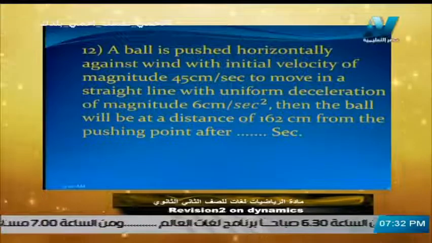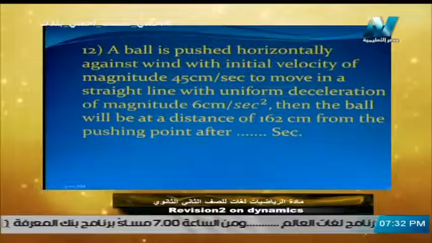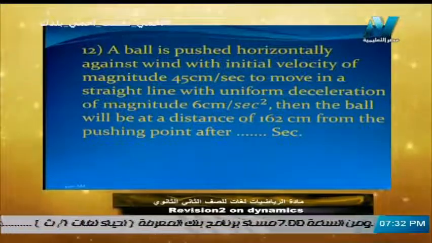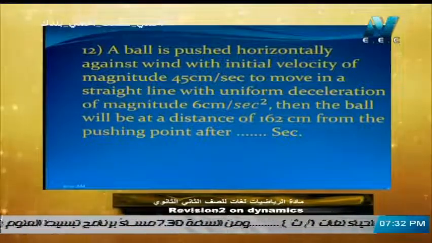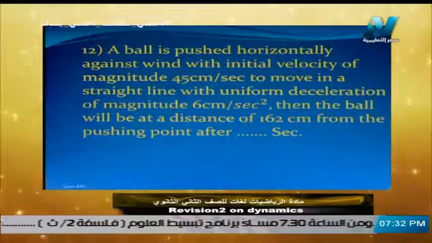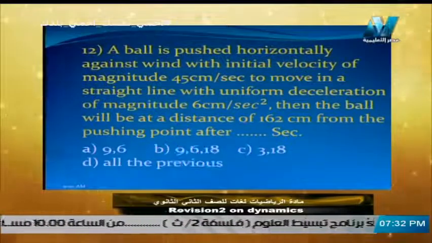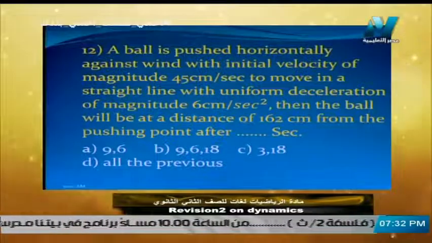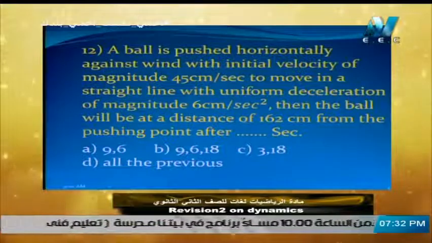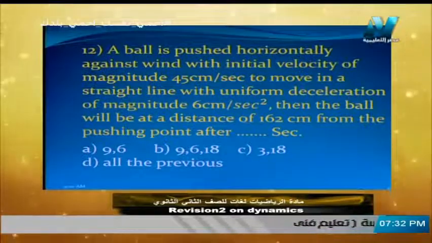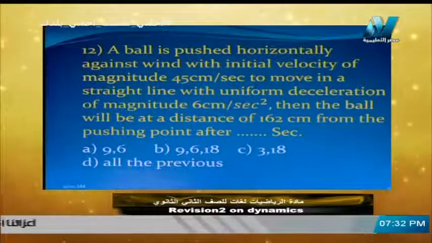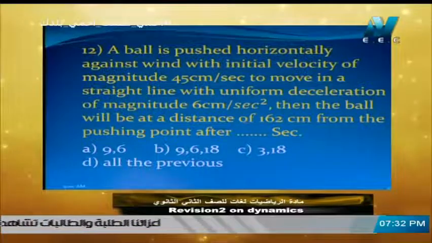Then the ball will be at a distance of 162 centimeter from the pushing point after how many seconds? The answers: A, 9 and 6; B, 9, 6 and 18; C, 3 and 18 seconds; D, all the previous. Let's explain the lesson here.